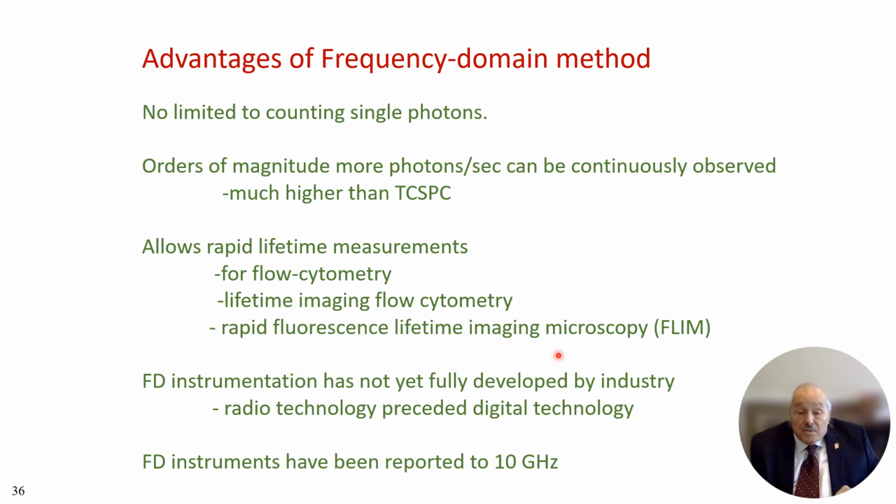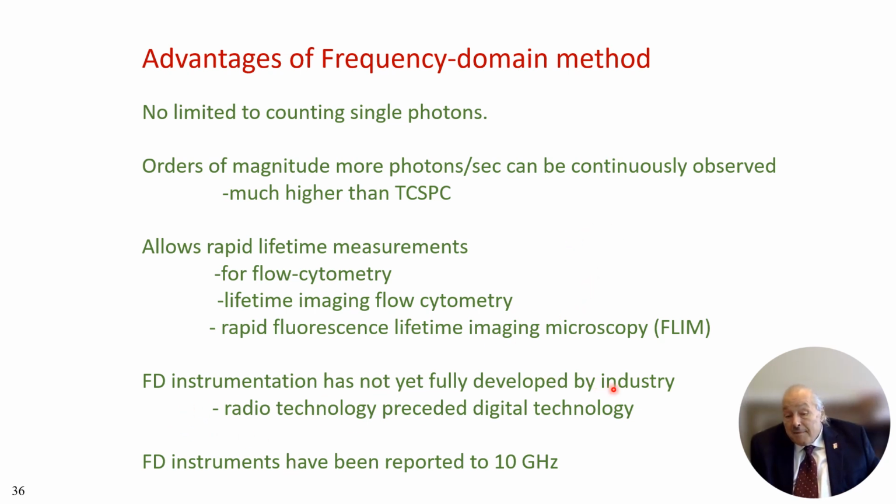We'll see later that the frequency domain measurement allows lifetime images to be collected relatively quickly. I'd rate this here as an order of magnitude more photons per second. This is just a hard thing to calculate. I've asked an expert in the field, and I've tried to calculate it myself. But there are millions more photons per second in a frequency domain measurement than a time domain measurement.